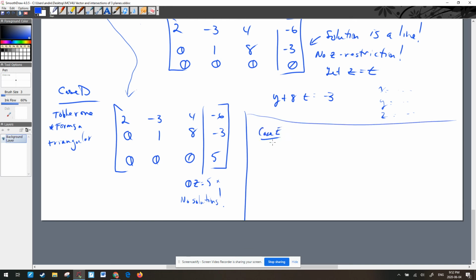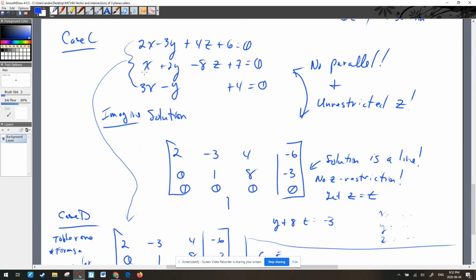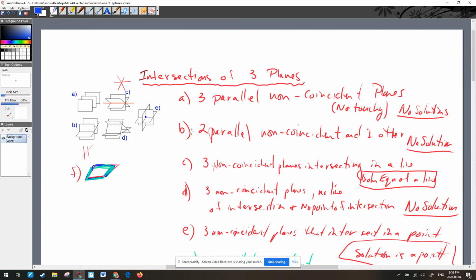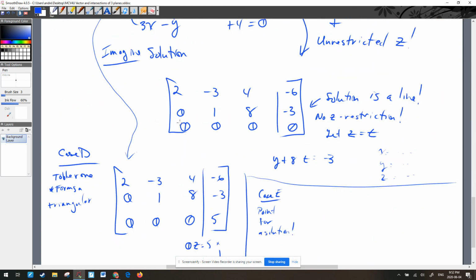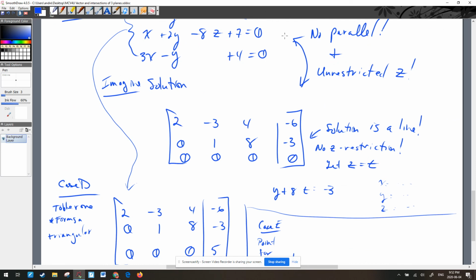Now, that takes us on to case E, and case E is a point for a solution. A point for a solution obviously means that there are three non-parallel planes that intersect in a point. We could have the same looking original three equations: three non-parallel, non-coincident planes.